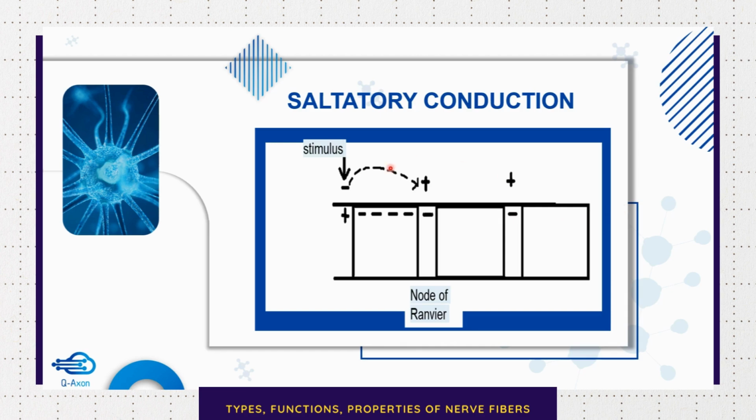So here you could say that the signal is jumping, or the action potential is jumping from one node of Ranvier to the next. That is because myelin insulates this region in between. So because the current jumps, the conduction is much faster, and we call that saltatory conduction.